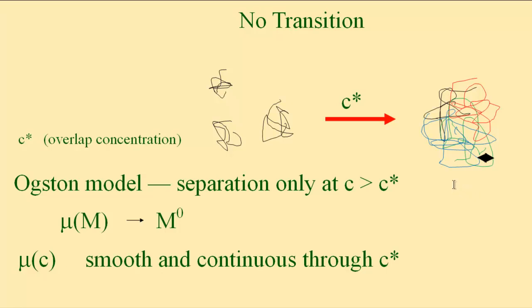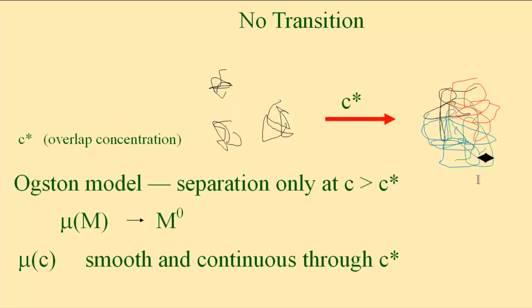In the theoretical description associated with the overlap model, an important issue is the notion there are chains, there are holes between the chains, and there is an Ogston model which describes separation as occurring because those holes between the chains have a concentration-dependent size.